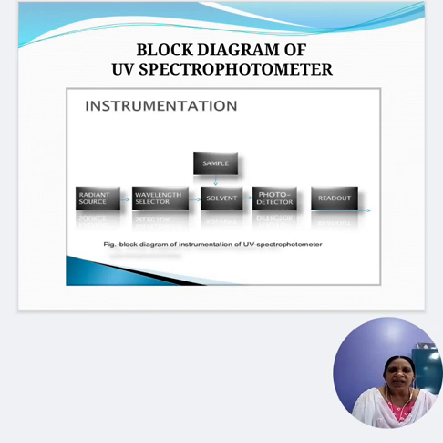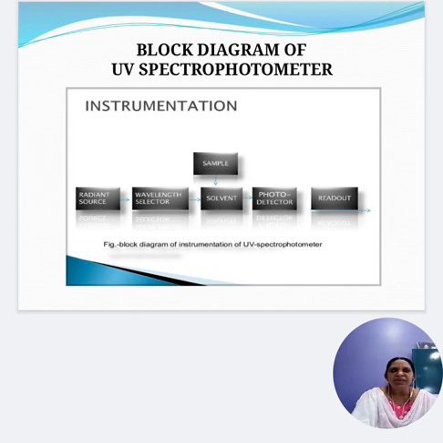Then the output of that selector is passed through the sample or the solvent, and the sample is placed in the sample compartment. The radiation is either absorbed by the material, or you are getting the transmitted radiation. That intensity is detected by the photodetector, and then the output of the photodetector is fed to the readout device.